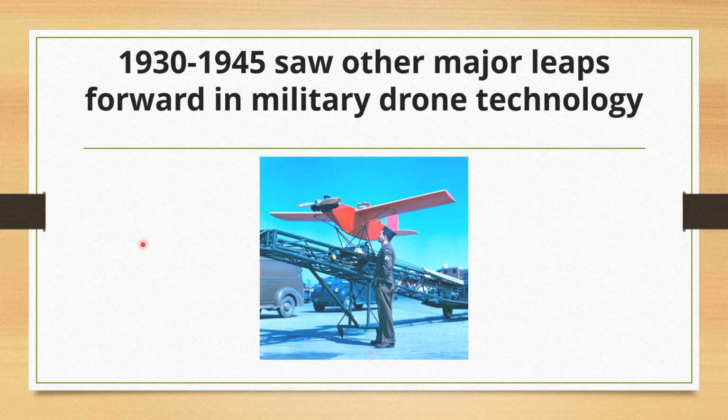And the Radioplane OQ-2 was a remote-controlled model airplane developed by actor Reginald Denny and engineer Walter Righter in the late 1930s. Nearly 15,000 drones were manufactured for military purposes during the war.